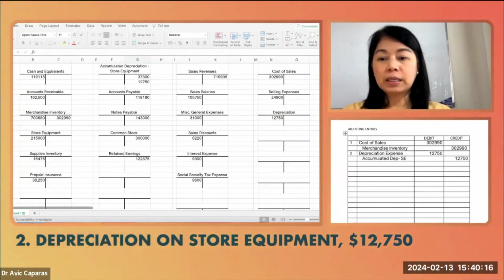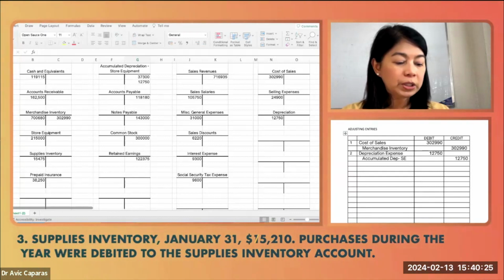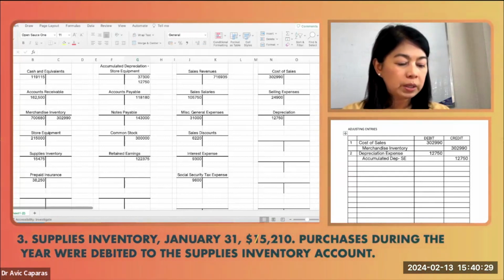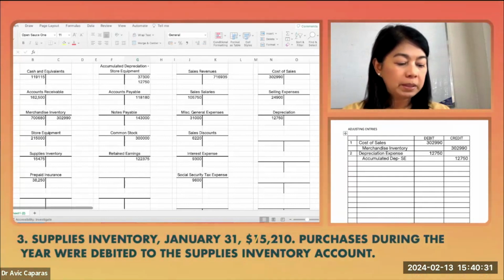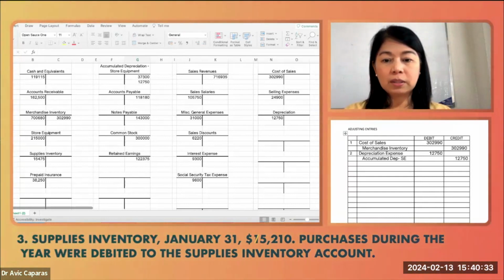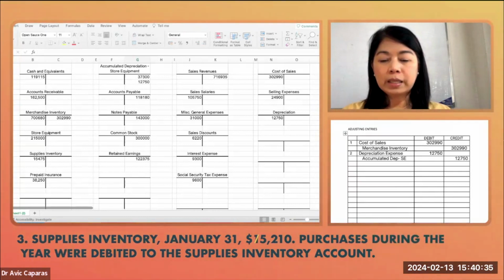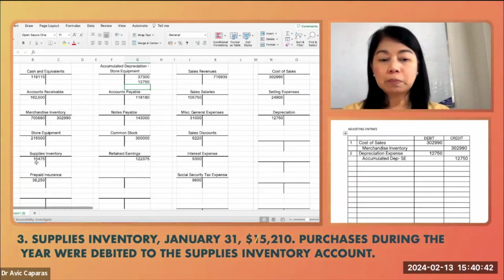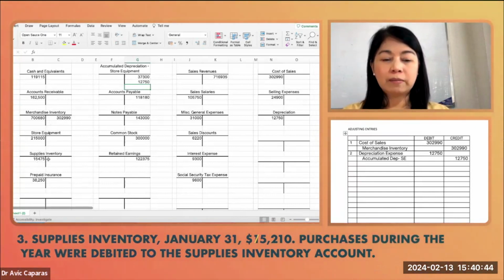The next one is supplies inventory, January 31, 5,210. Purchases were debited to the supplies inventory account. So what is our entry here? Remember that every time there is a purchase, they debit it to supplies inventory.